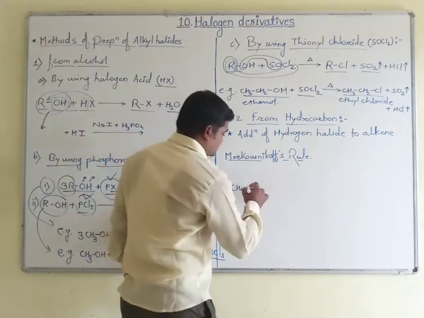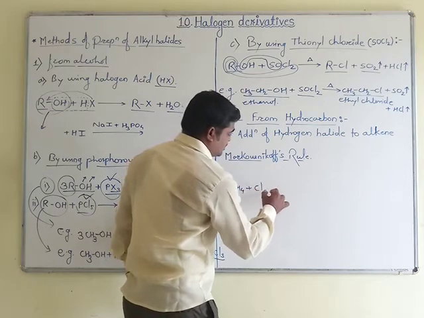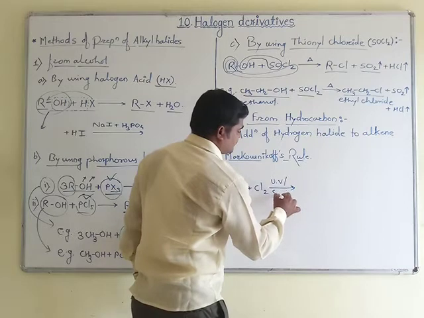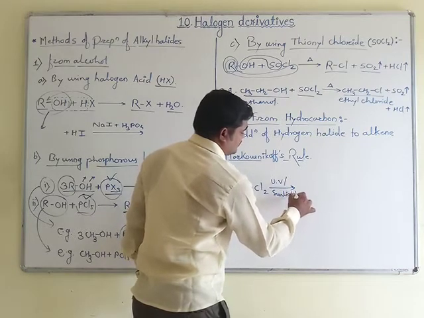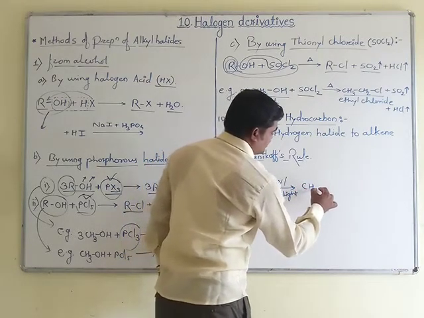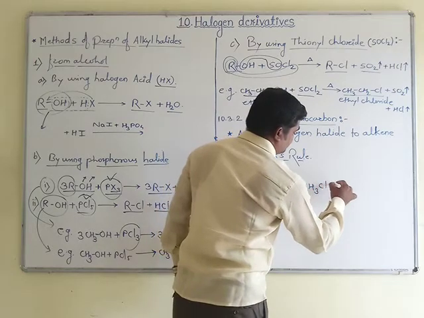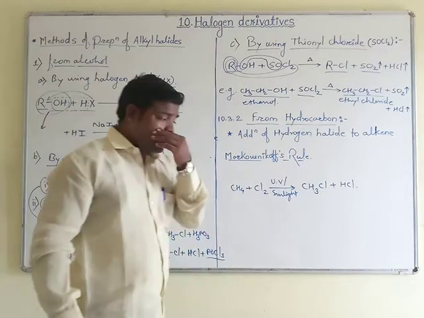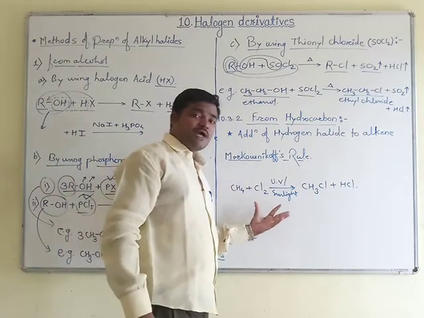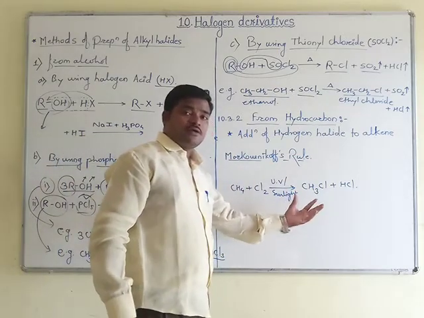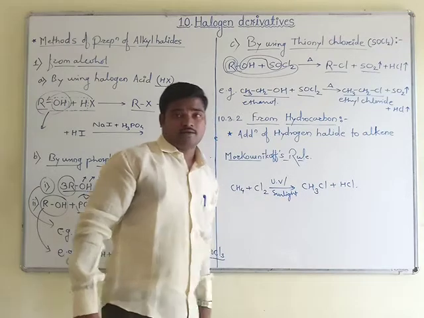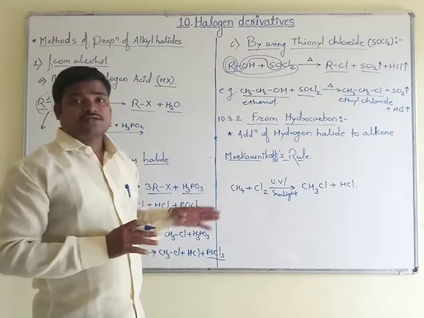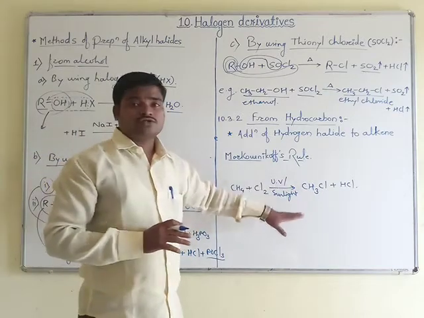Methane on reaction with Cl2 gas in the presence of UV light or sunlight gives its corresponding CH3Cl plus HCl. Now this is the simplest reaction by which we can produce the simplest alkyl halide, that is methyl chloride. This reaction will not stop here.